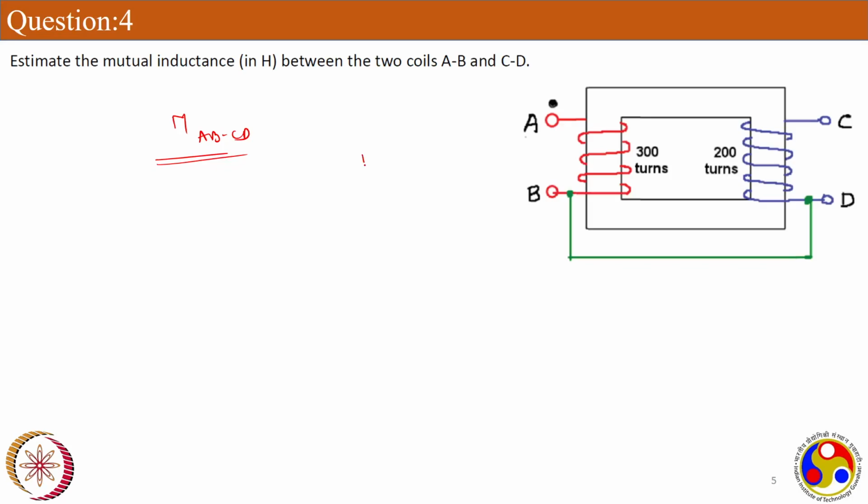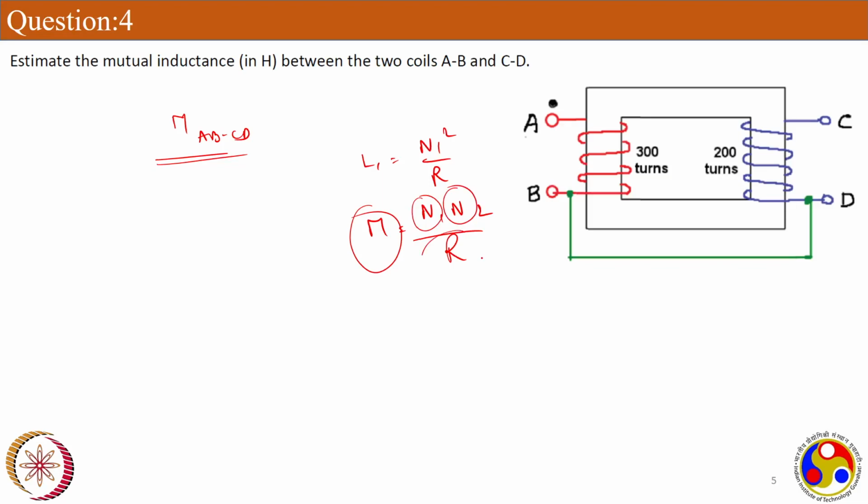That's good. L1 we already know is N1 square by R, but when we derive the expression for mutual inductance, it depends not just on its own turns, but the turns of both coils. So the formula for mutual would be N1 N2 by reluctance. Now M is the one we need to calculate, and N1 N2 we know, but again reluctance we don't know.